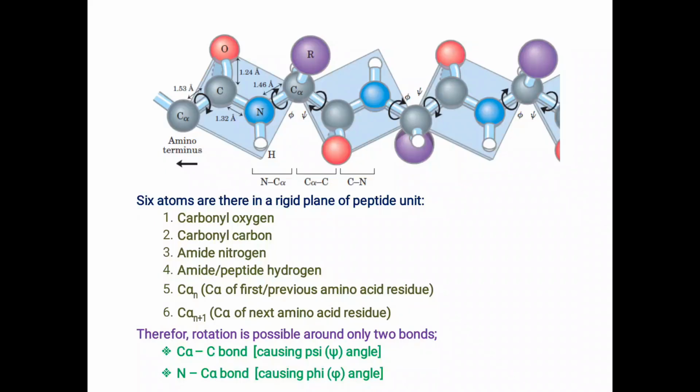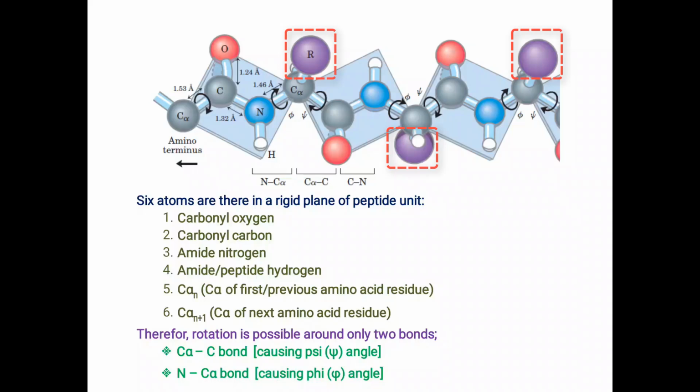And all those peptide units are in different planes, forming the three-dimensional structure of the protein. You can see here that R groups are projecting out from the C alpha, and those R groups are not in the planes contributed by the peptide unit or peptide group.